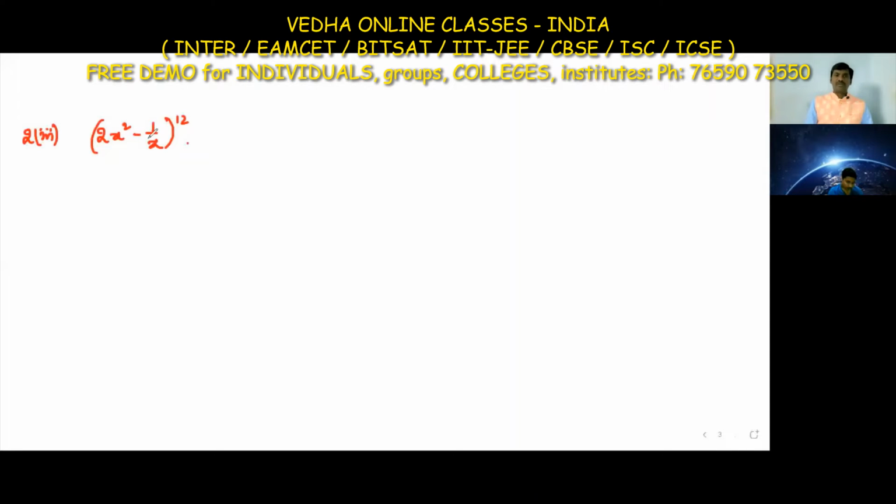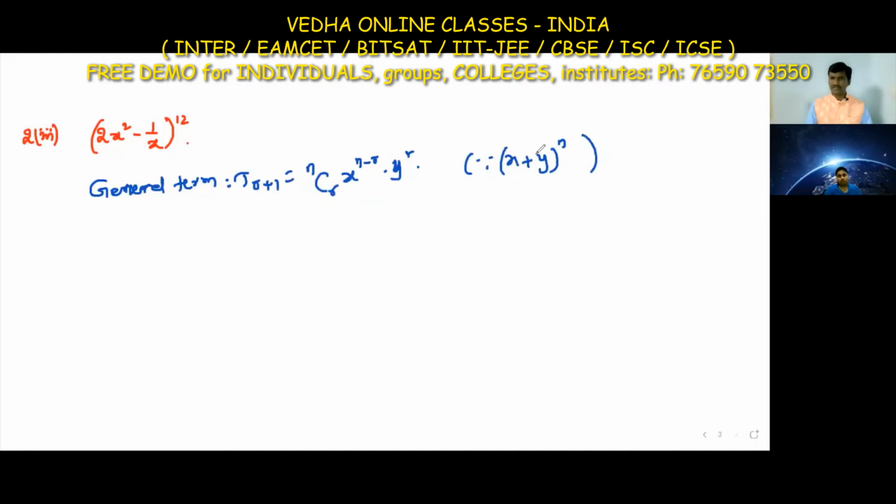Now here, (2x square minus 1 by x) whole power 12. Here, the general term: what is the formula? The general term T(r+1) is equal to nCr x to the power n minus r into y to the power r, when we compare with (x plus y) whole to the power n, a binomial expansion.